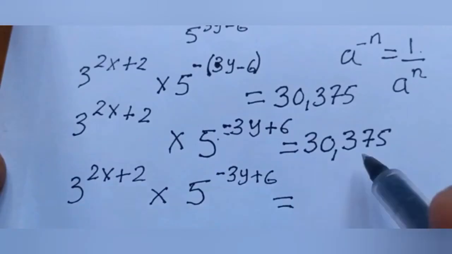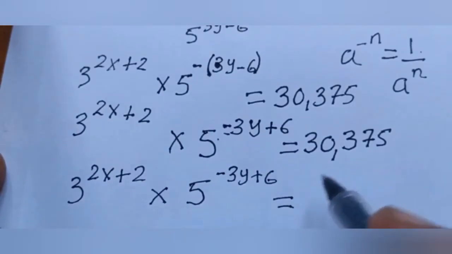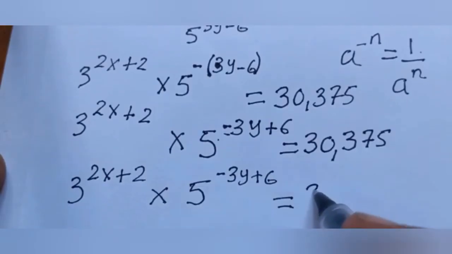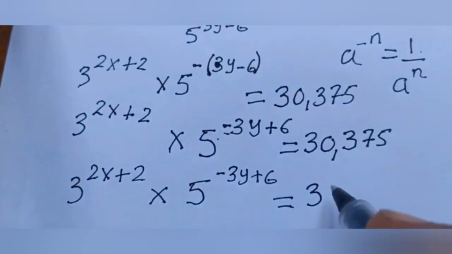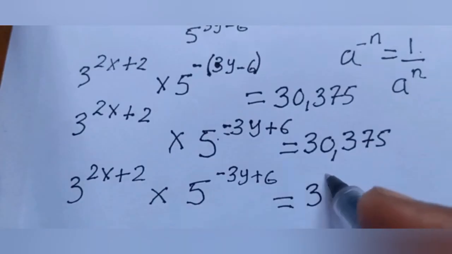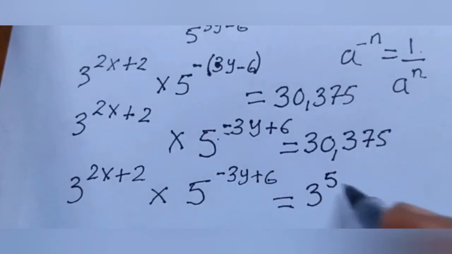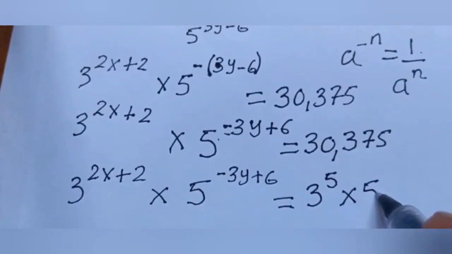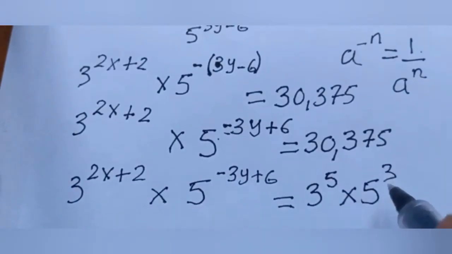So 30,375 will be written as the product of 3 raised to power 5 times 5 raised to power 3.